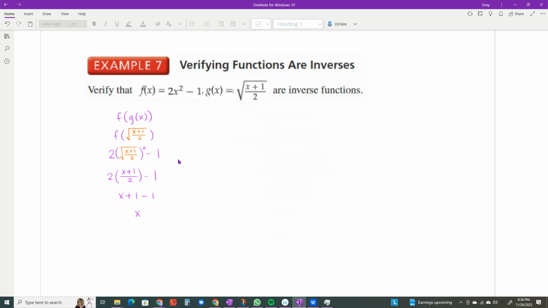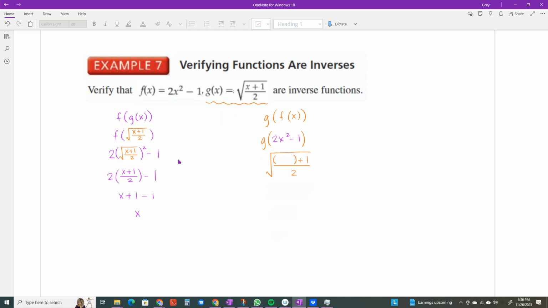All right, and on the last one, g of f of x, that's g of, what's f of x? F of x is 2x squared minus 1. And g says, this is my rule for g, so I'm going to plug in for that x up there. So I'm going to have a radical and parentheses where the x goes.